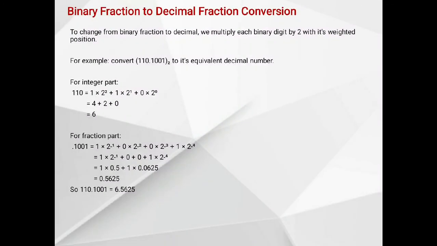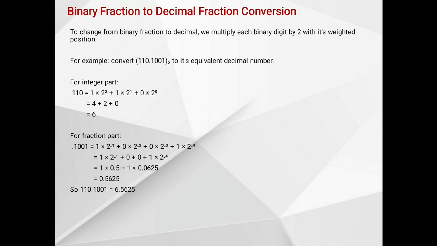So moving back to our presentation, for the fractional part again we do it in two steps. First always the integer part, and next the fractional part. In the fractional part, after the decimal, the power is in negative position, so we multiply by 1 into 2 to the power minus 1, not by 1 into 2 to the power 0.